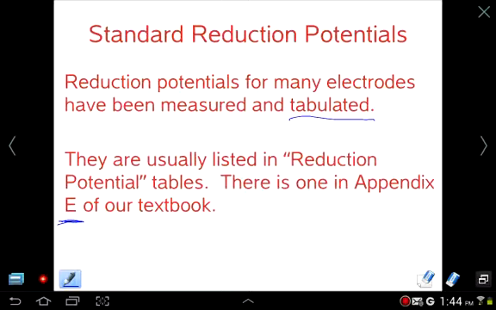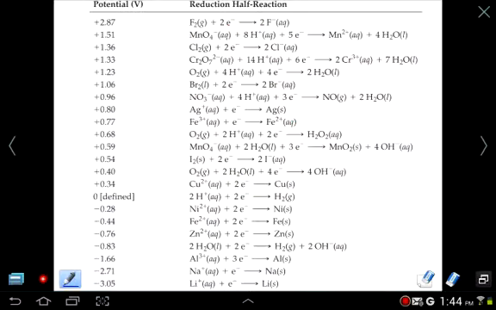Here it's reproduced in part. For example, we are given a half reaction, as these are broken down into half reactions. You can see that when silver plus becomes silver as it's getting reduced, the voltage for that is 0.80 volts.